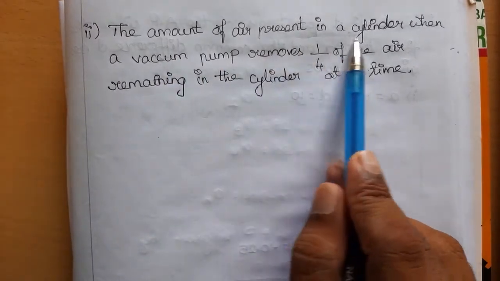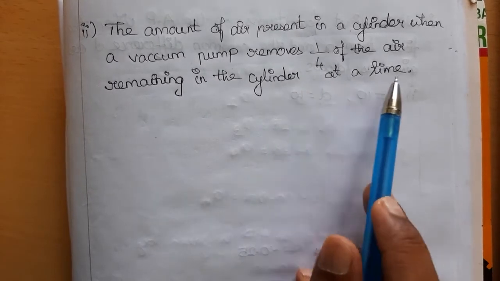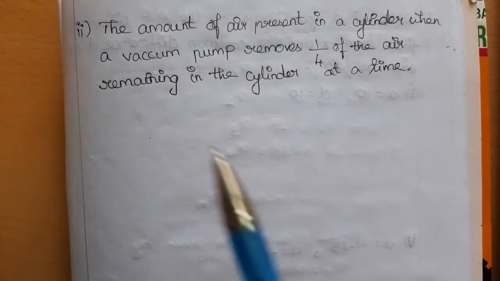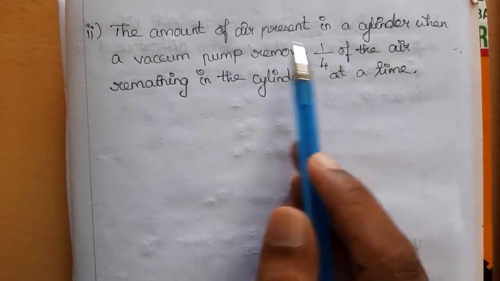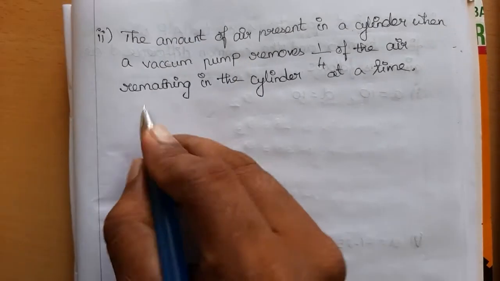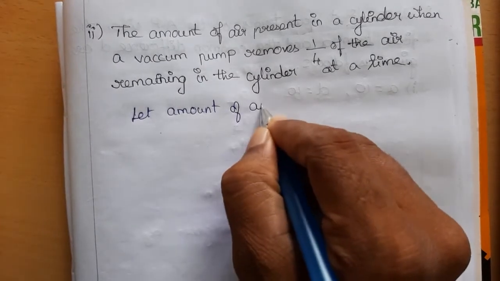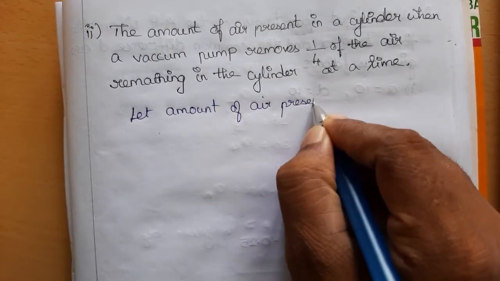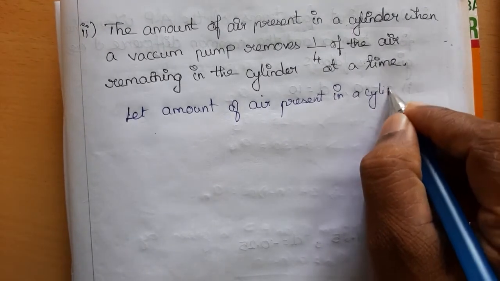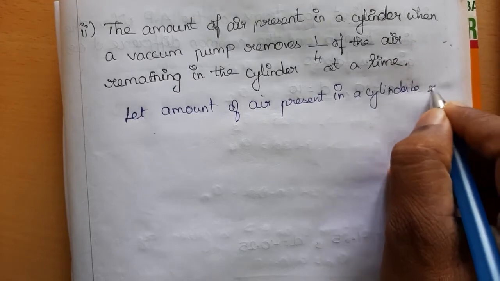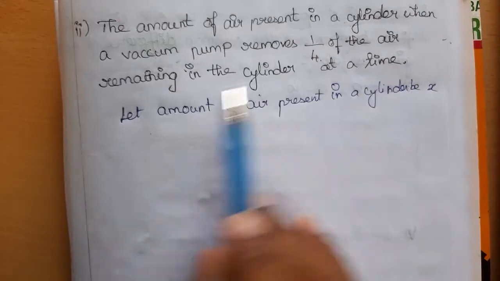The amount of air present in a cylinder when a vacuum pump removes 1/4 of the air remaining in the cylinder at a time. Here let me assume it doesn't give how much air is in the cylinder, so let us assume it is X. Let the amount of air present in the cylinder be X. Once we pump, it removes 1/4 of the air remaining in the cylinder.